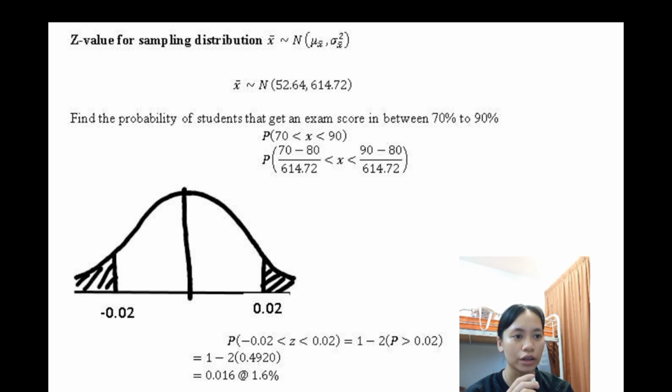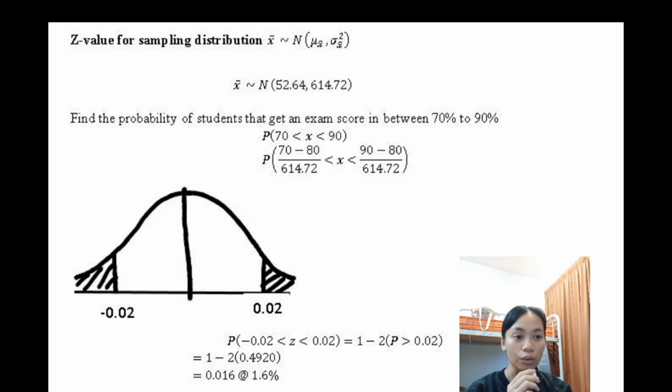Using this value, we're going to find it on the table of areas under the normal distribution. The value that I get from the table is 0.4920, and after being calculated from that formula, the value that I get is 0.016, or 1.6, which I convert into a percentage.